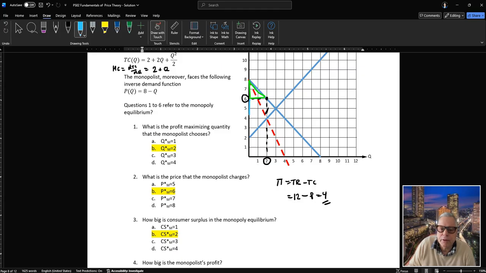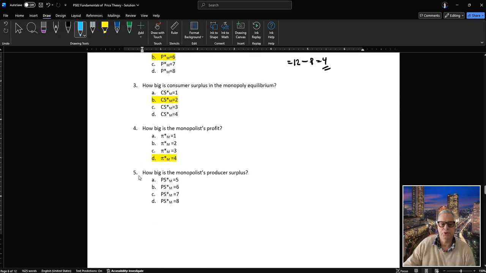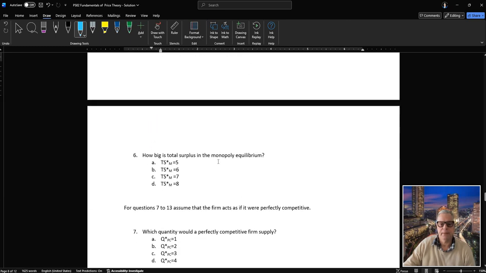So it's everything below the price and above the marginal cost function. So this is 1, 2, 3, 4, 5, 5.5, 6. So producer surplus is 6. And total welfare would be 8. Okay.